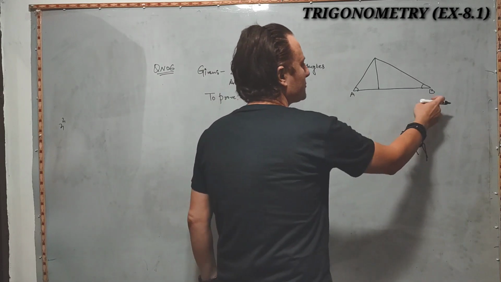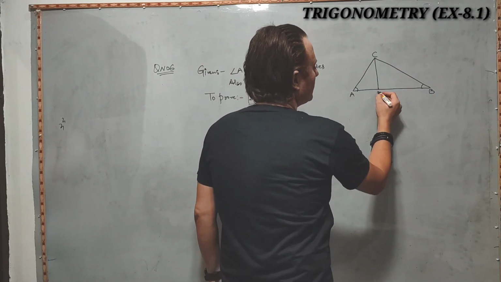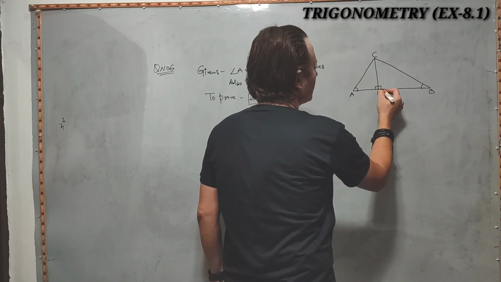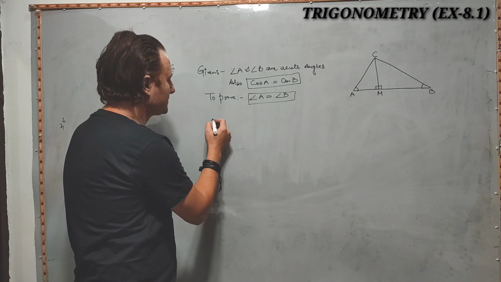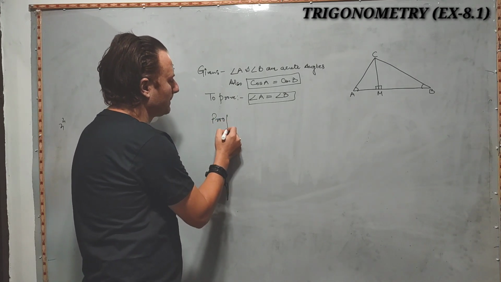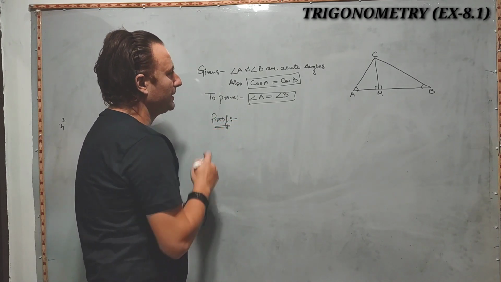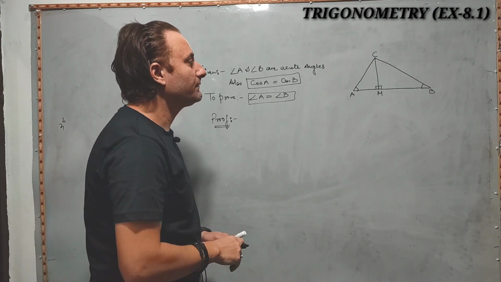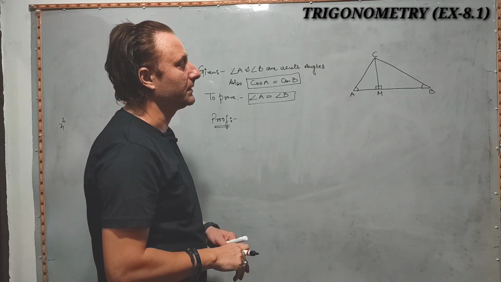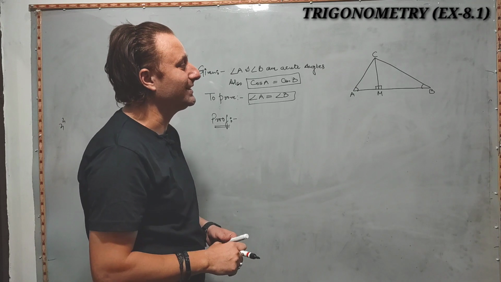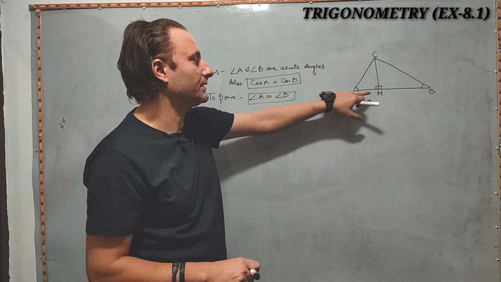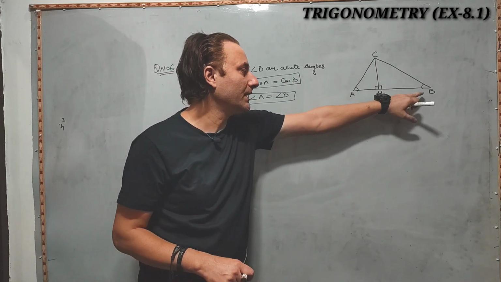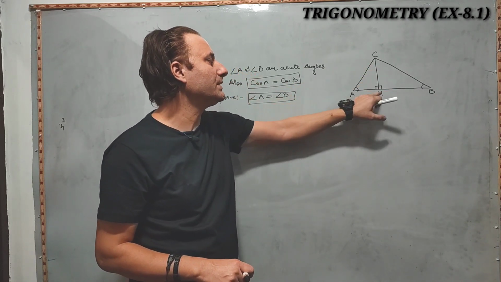So this is A, this is B, let it be C, let this be M. These are right angle triangles. So because of the trigonometry, let's see what we do here. Now I have 2 triangles in one triangle. I have a triangle AMC, that is right angled at M. This is the triangle I'm talking about. And then I have another triangle, BMC.